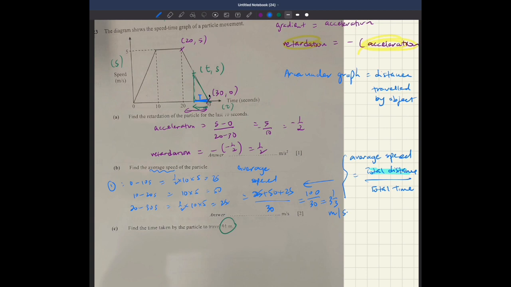So that T point, this point here is where the object travels 91 meters, which I could also safely assume that this area that I just highlighted is 9 meters, because the entire trapezium is 100 meters, so then he travels 91 meters here, so that last area there is 9 meters.